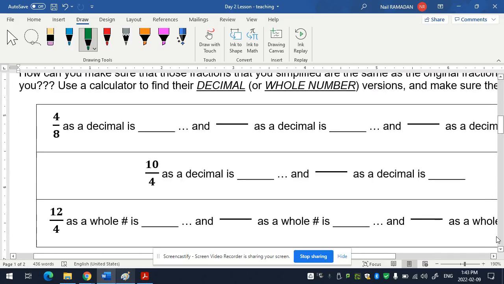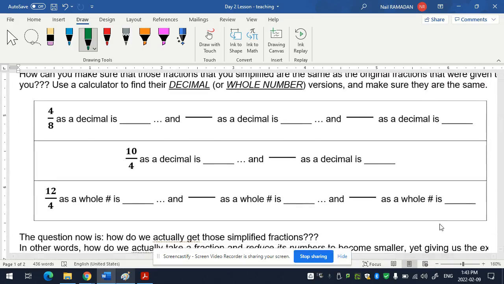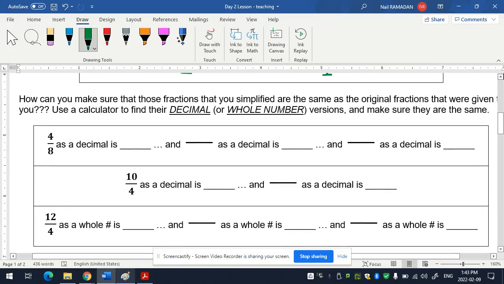So how can you make sure that the fractions you simplified are the same as the ones you started with? Can someone tell me the title on top of the page, the header? Simplifying fractions and checking with decimals.